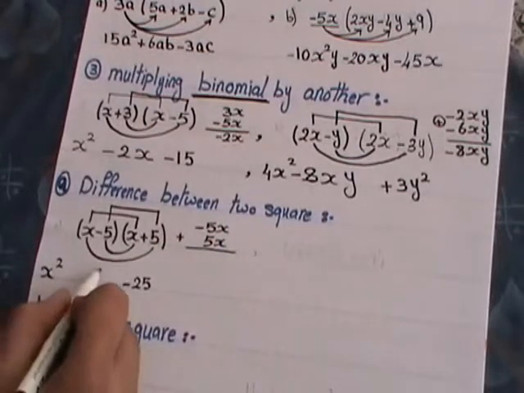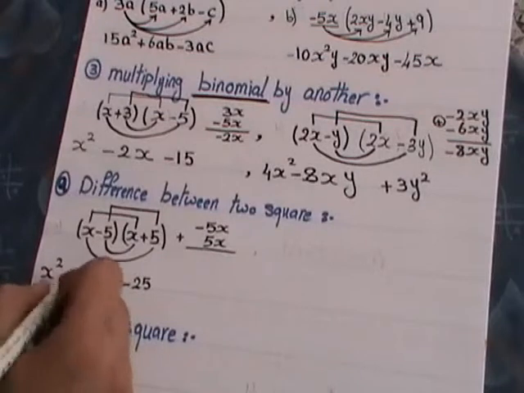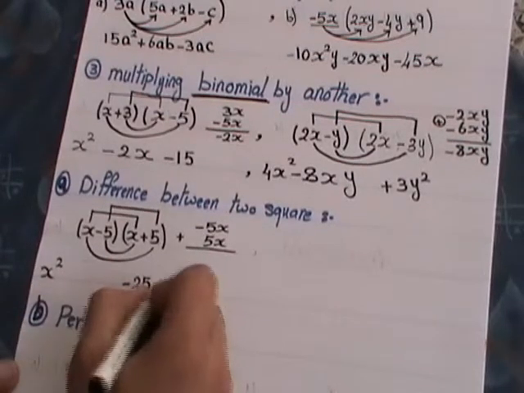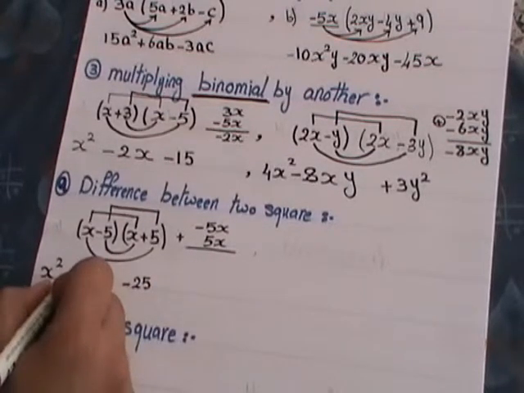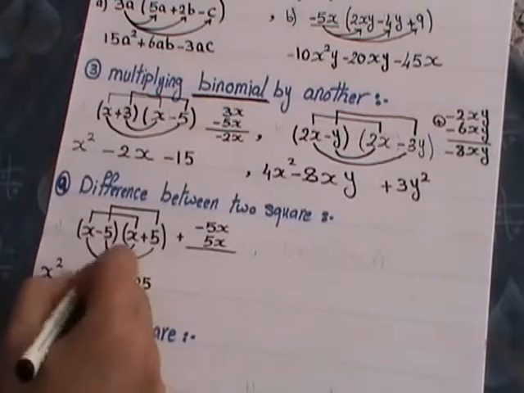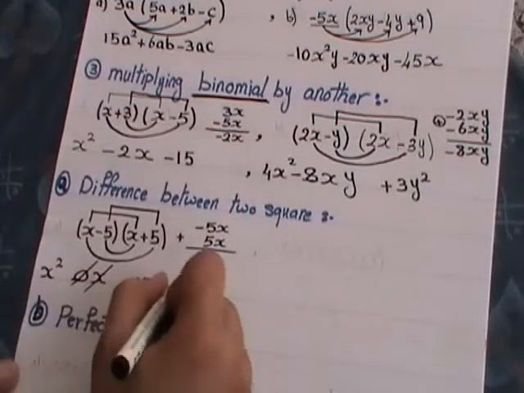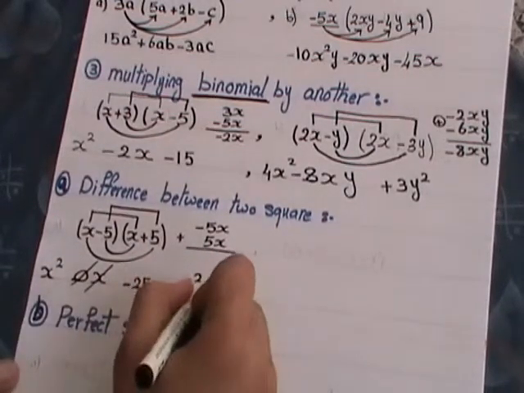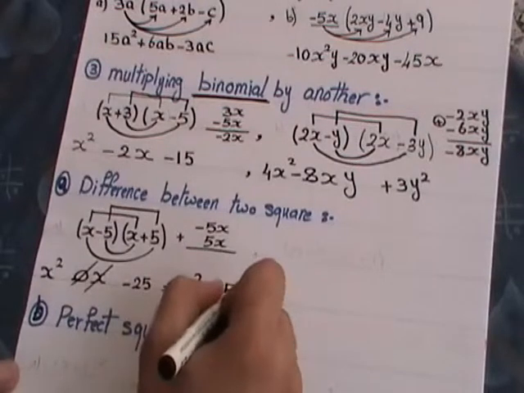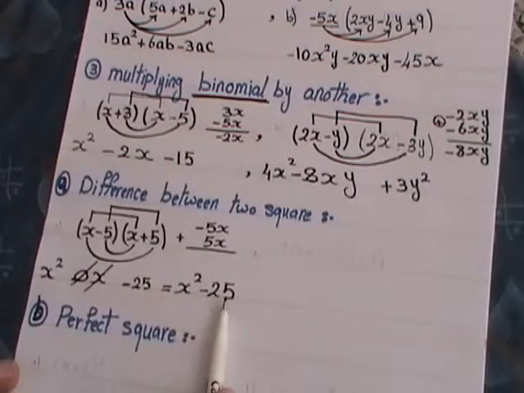So we don't have a middle term here, only 0x, which we can remove, it vanishes. So we write x squared minus 25.